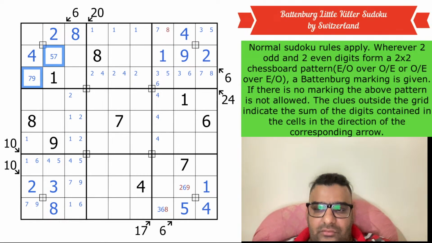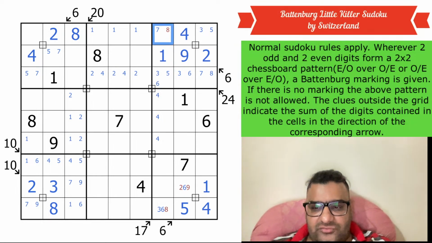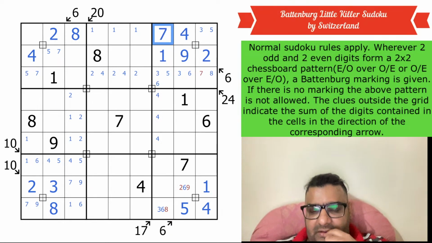So it is going to be 5 and 7 in both of these. So we again do not know. Okay, 8 is not there, so it must be 7. Then this must be 8.